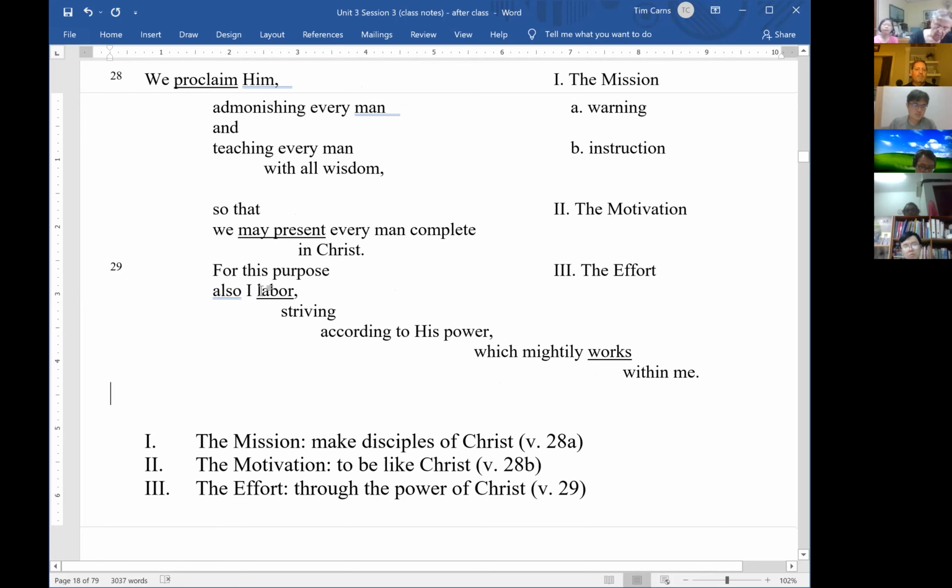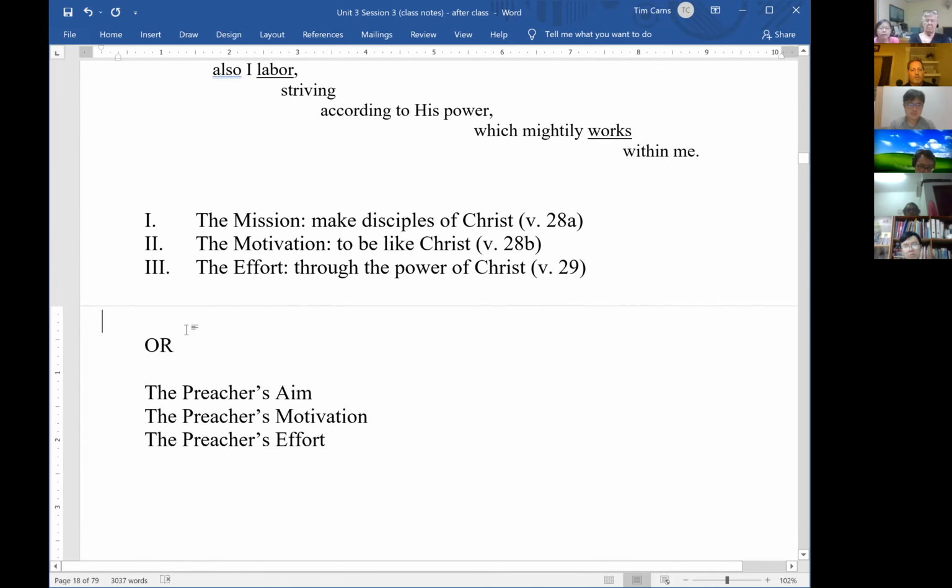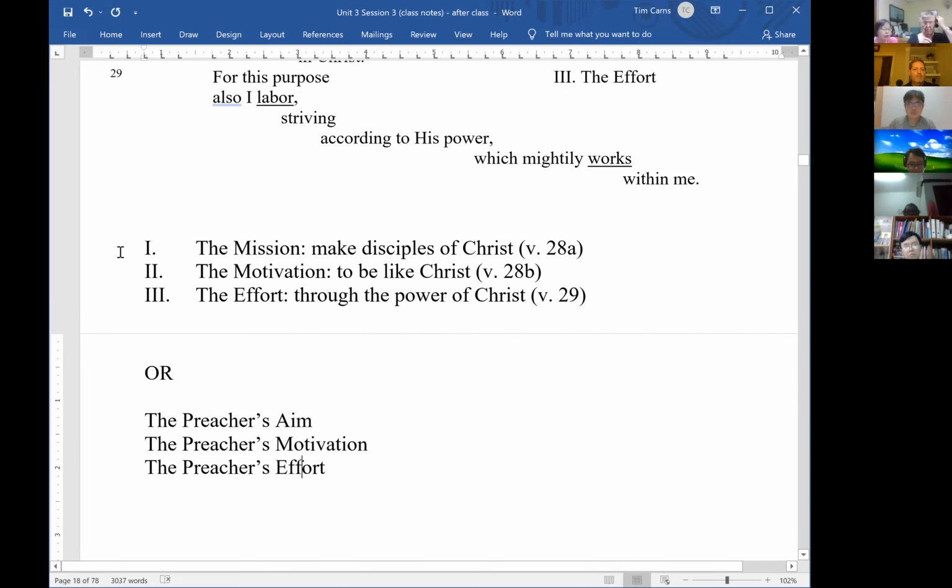A second might be this: depending on who your audience is, you could have the preacher's aim, the preacher's motivation, and the preacher's effort. So if I'm preaching this text to a general congregation, I might use the first outline.